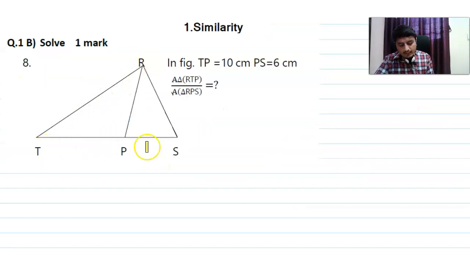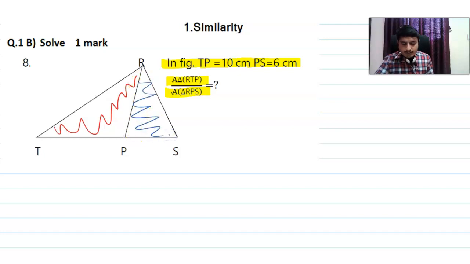We are given the triangle. In the figure, TP equals 10 centimeters, PS equals 6 centimeters. We have to evaluate the area of triangle RTP divided by the area of triangle RPS. Now the vertex R is common to the triangle RTP and the triangle RPS, this blue shaded triangle.